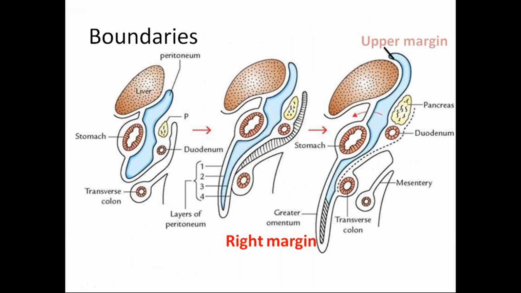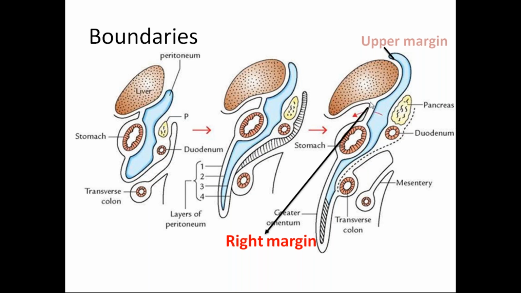Now come to the boundaries of the right margin. So now the right margin is formed by the epiploic foramen. Other than this, you will get the peritoneal reflection from diaphragm to caudate lobe here. And you can also say the right margin is formed by the peritoneal reflection of the neck of pancreas.